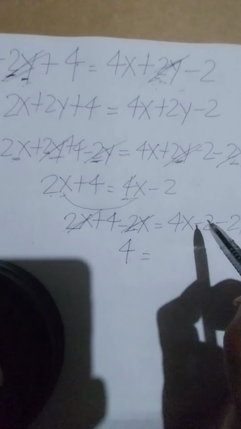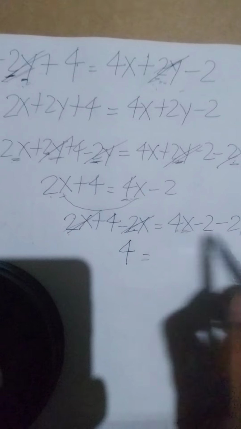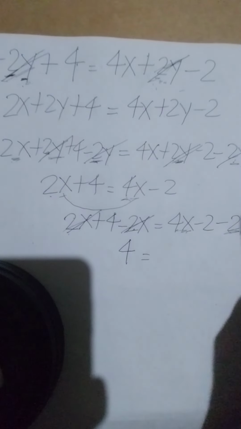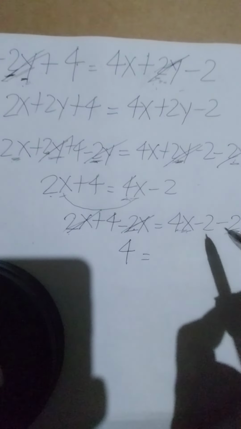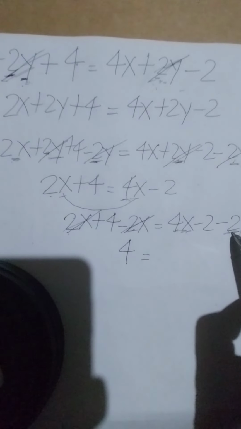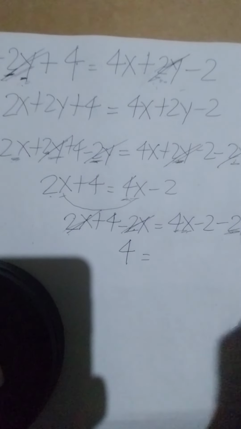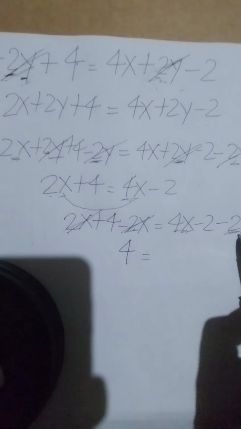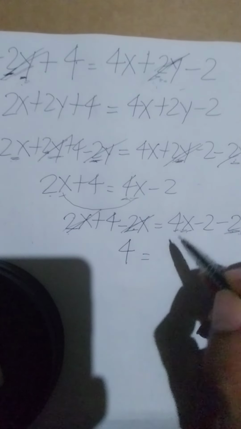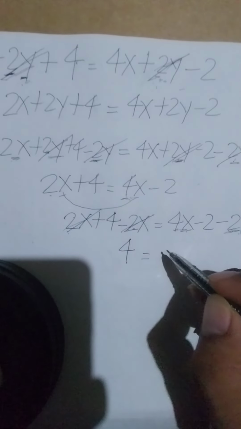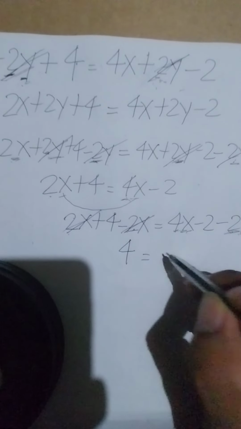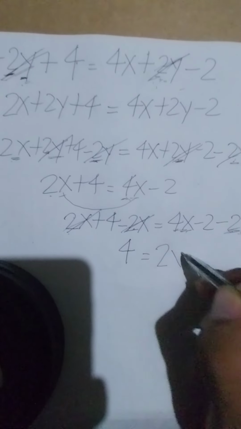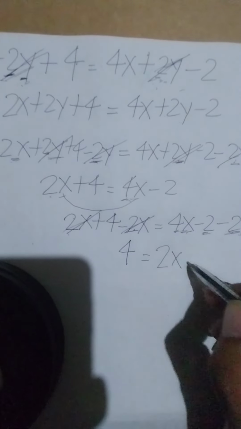Dito, ang like terms dito ay 4x and 2x. So, i-subtract natin to ang dalawang coefficient. So, 4 minus 2 equals to, yes, 2. So, don't forget to put the 2 and x. Kasi it is one of the variable. Ang 2 ay isang coefficient ng variable x. 2x and then kopyahin lang to 2.